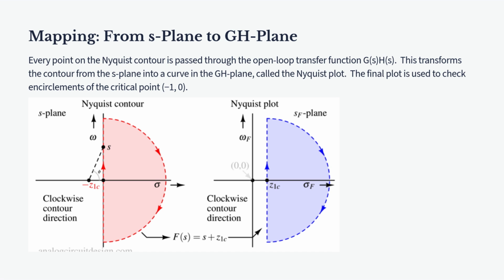A simple way to remember this: the Nyquist contour is the input part, G(s)H(s) is like a machine, and the Nyquist plot is the output part. After getting the Nyquist plot, we check whether it encircles a special point. That special point is minus 1 plus j0.